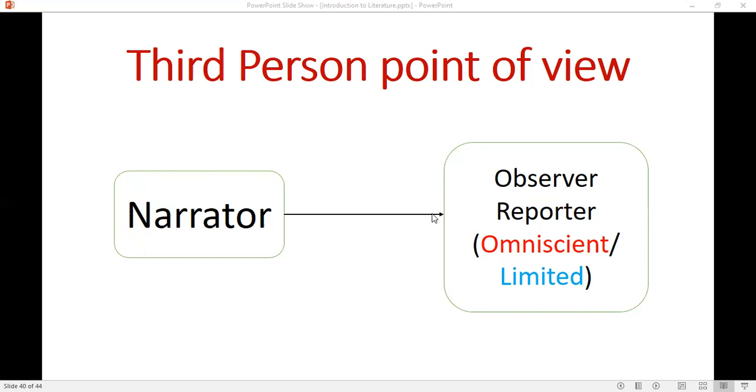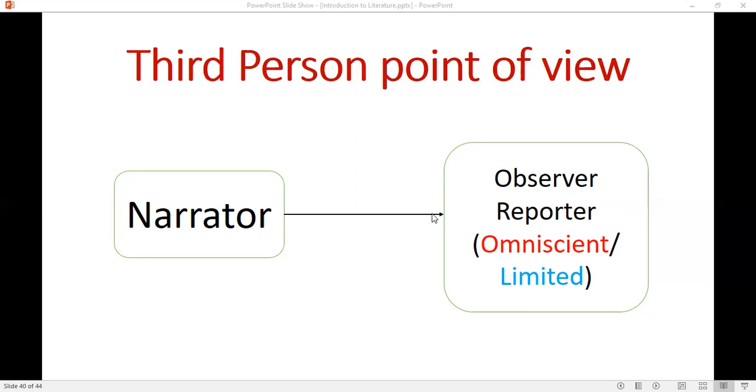Omniscient point of view refers to the full knowledge of the narrator. The narrator has a full understanding of all the characters.